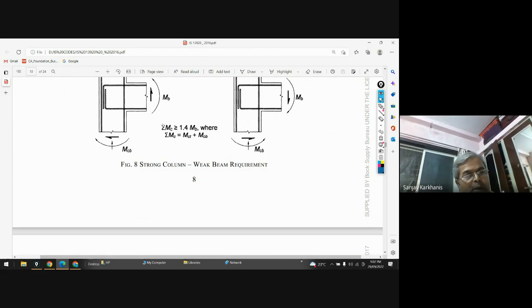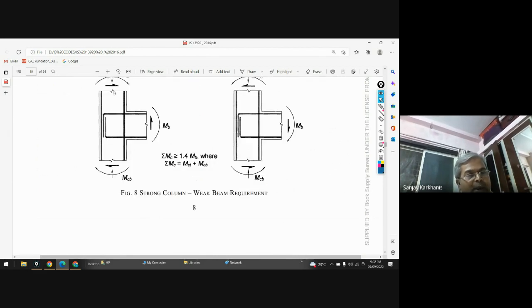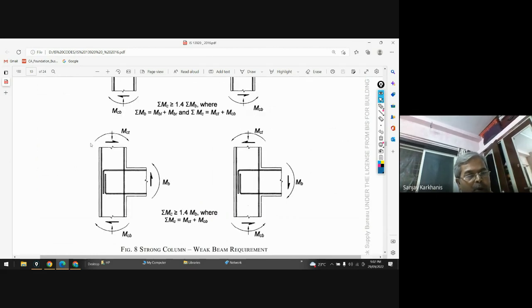So sigma moment, that is the moments carried by the column at top and bottom, is greater than or equal to 1.4 times the moment carried by the beams on the left, on the right, on the front, and on the back. There will be maximum 4 beams and 2 columns.